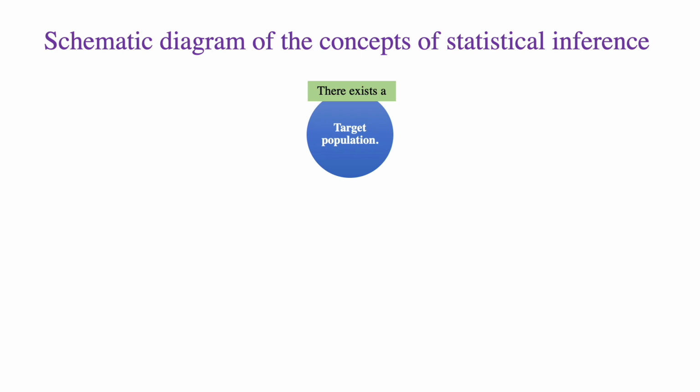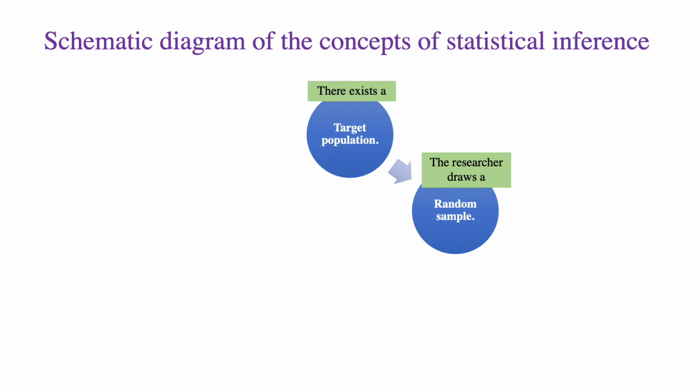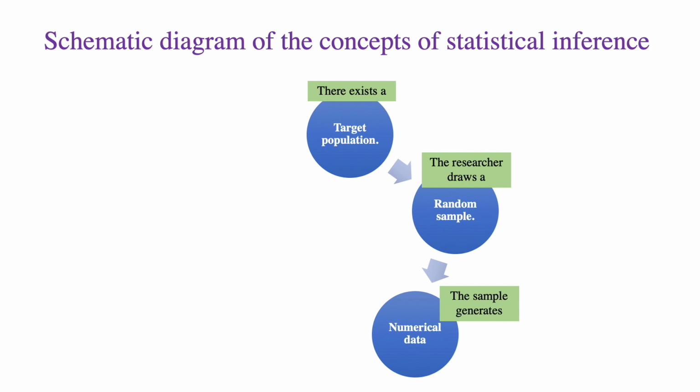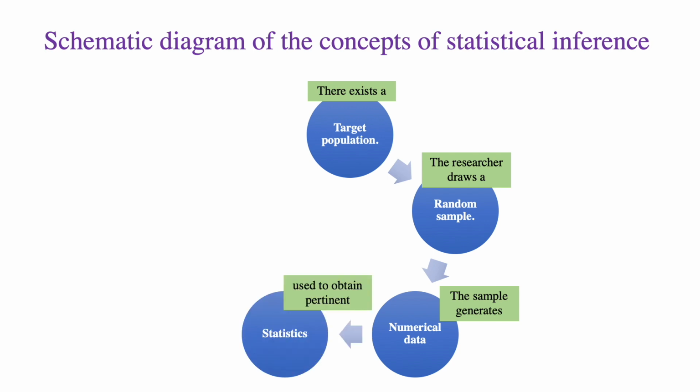So what the researchers do instead is they draw a random sample, which is much smaller than the target population, from that population itself. Then the researchers measure the characteristic of interest from that sample. They generate numerical data from that sample, which we use to obtain the pertinent statistic, which we just defined in the previous slide.